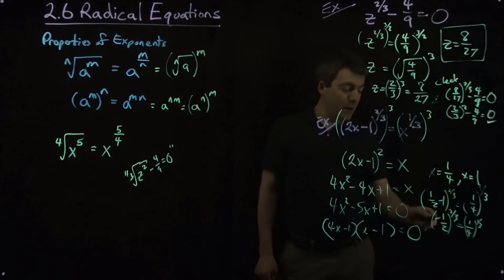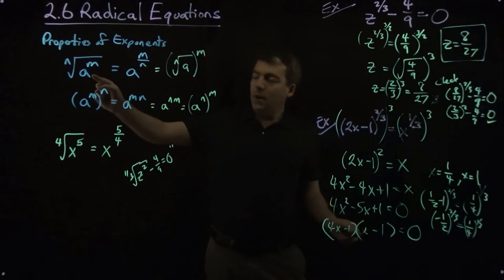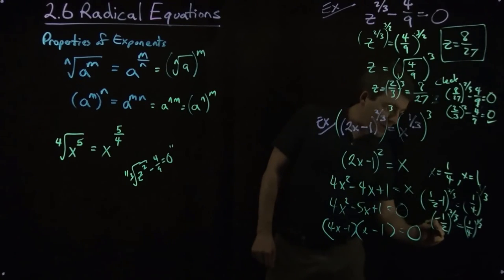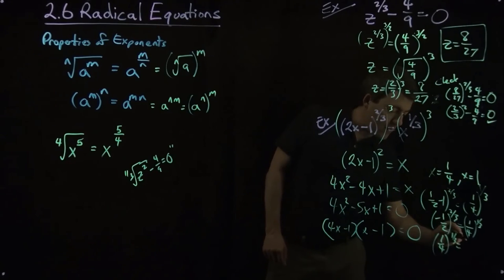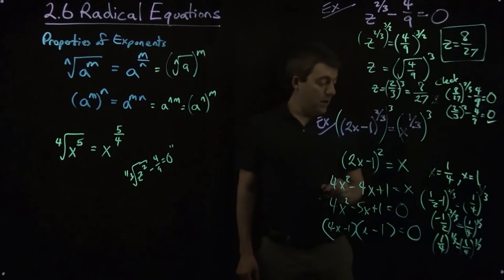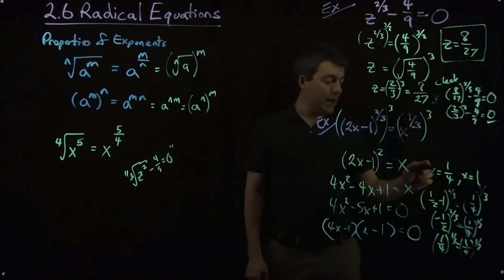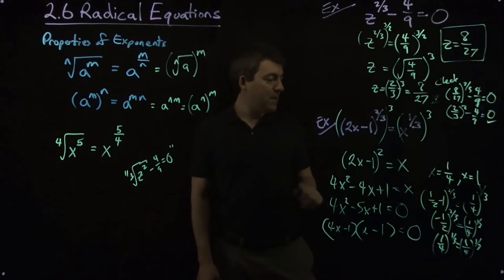And we can apply the square. So this numerator, right, is the power, so we can square both sides. We have 1/4 raised to the 1/3 power equals 1/4 raised to the 1/3 power. All right, those are equal. So x equals 1/4 is part of the solution set.